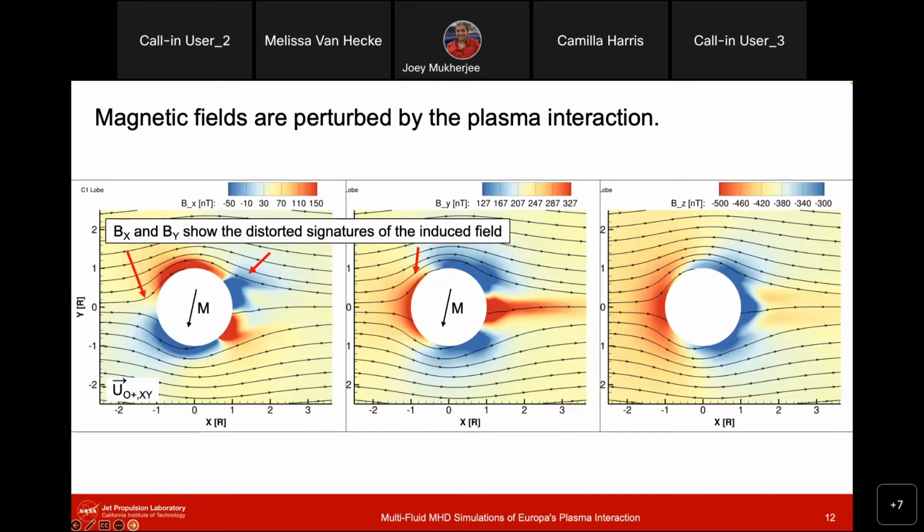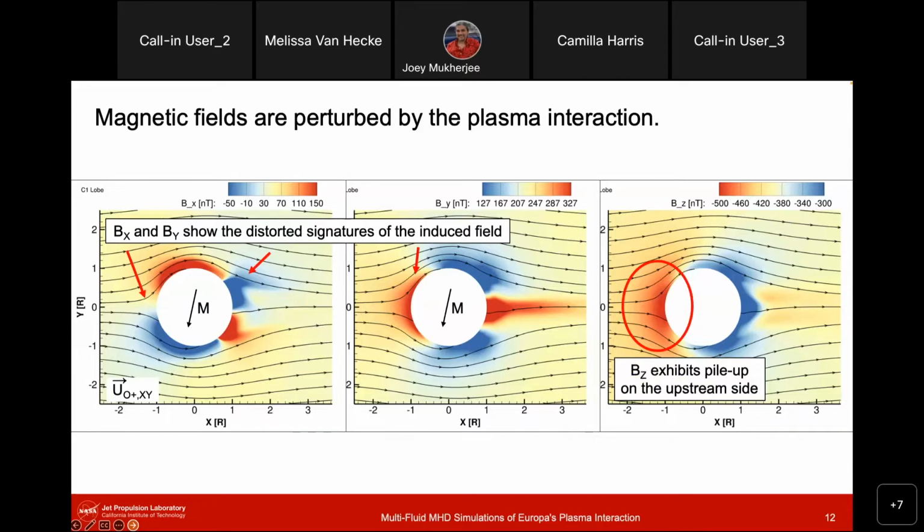So what we can see in the X and Y components of the magnetic field is mostly that induced field. We have this red-blue pattern that we'd expect from a dipole, except everything's been kind of smeared out by the flow of that ambient plasma downstream. On the right, we're not seeing that sort of dipolar signature. Instead, we're seeing features that are more related to the plasma interaction itself.